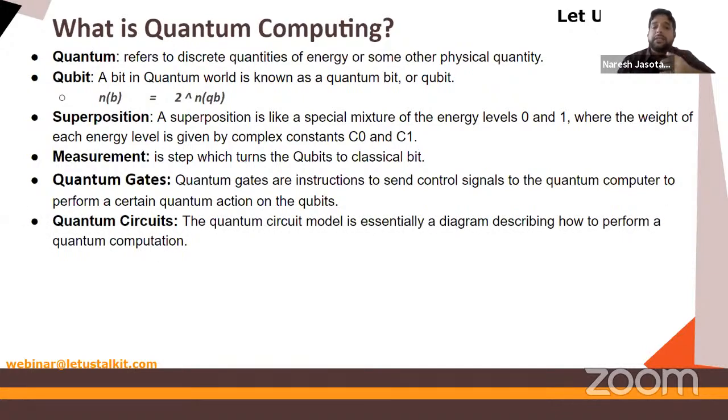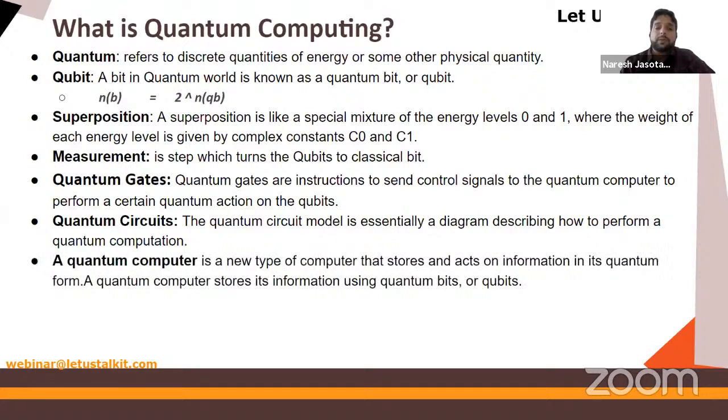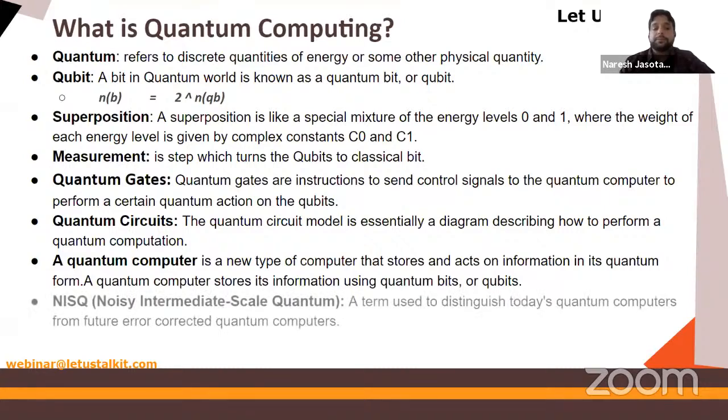Quantum circuits. The quantum circuit is a diagram which you saw the last time, wherein you have quantum bits on the left, you have time series, and you have gates applied, describing how to perform a quantum computation. Again, a quantum computer is that computer which uses a quantum processor, and it acts on and stores information in quantum form. Again, when I say quantum form, I mean quantum bits or qubits.